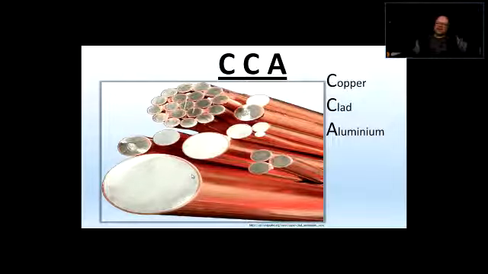The reason for doing that is money, right? Because copper is more expensive than aluminum. So in order to save on copper, some companies try to trick the signal to think that it's using copper. So these are not as good transmitters or as good mediums for transmitting signal.